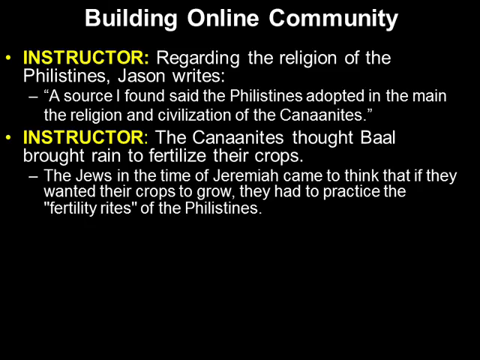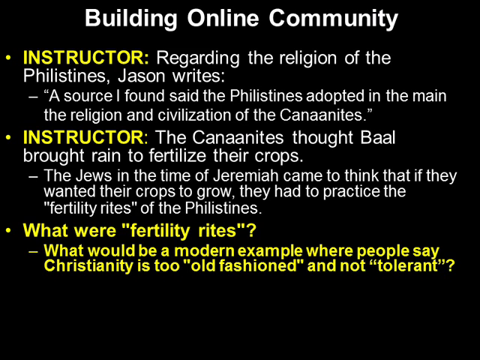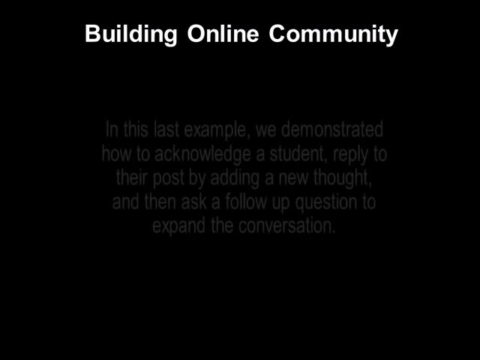The Jews in the time of Jeremiah came to think that if they wanted their crops to grow, they had to practice the fertility rites of the Philistines. And then the instructor asks a follow-up question. What were fertility rites? What would be a modern example where people say Christianity is too old-fashioned and not tolerant?